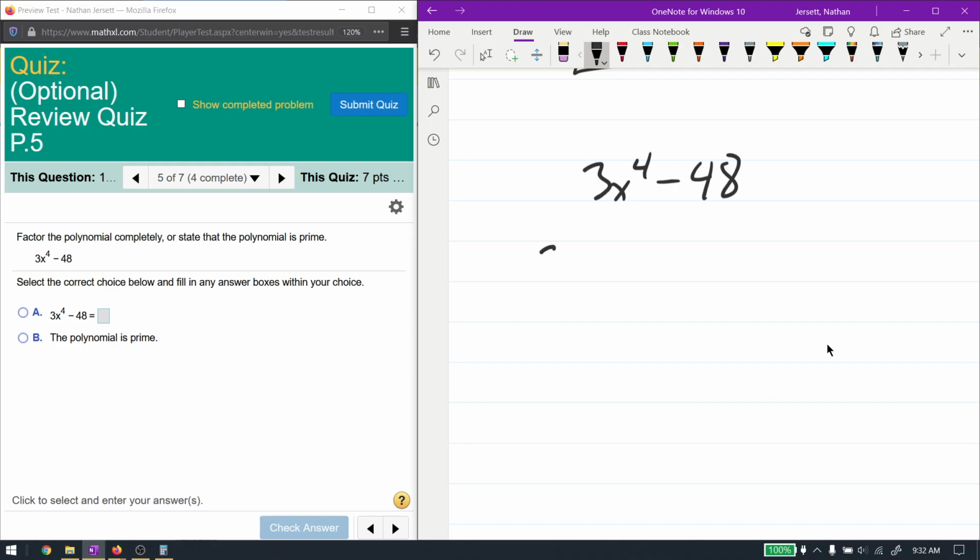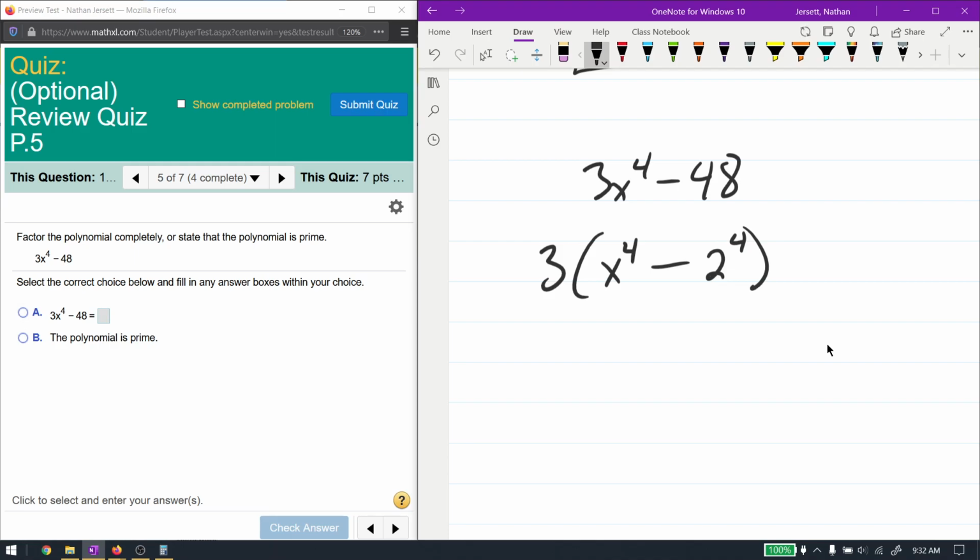So let's take out the 3. If you can do this, do so. It's going to make your job probably pretty much easier. 48 is the same thing as 3 times 16, so it's going to be 16 here. And 16 is the same thing as 2 to the 4th power. And so now you see, yeah, it definitely is a difference of two 4th powers.